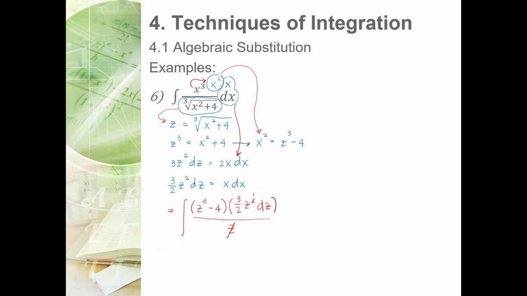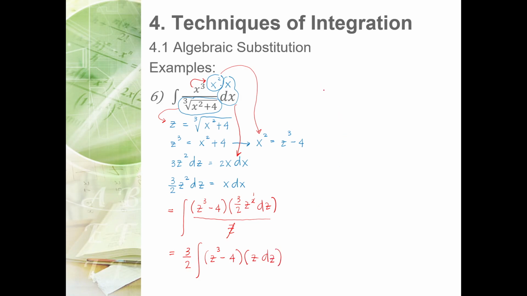So you don't cancel on the first term, okay? It's a binomial. So you only cancel factor to factor. Okay, so taking 3 halves outside since it's a constant. So 3 halves integral of z cubed minus 4 and then times z dz.